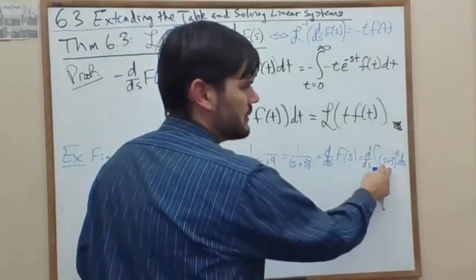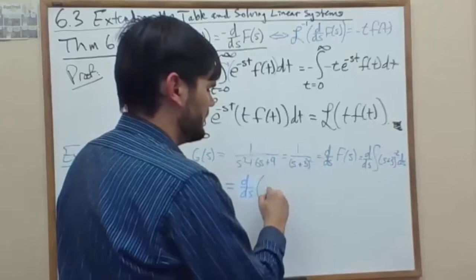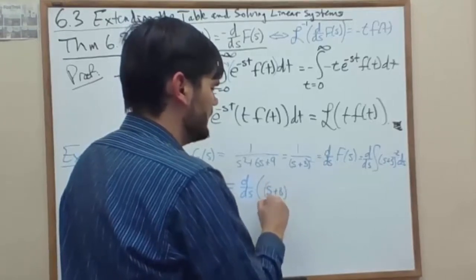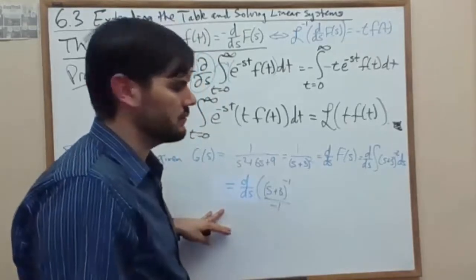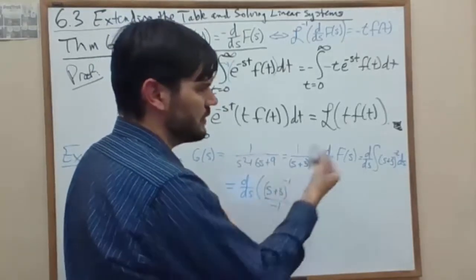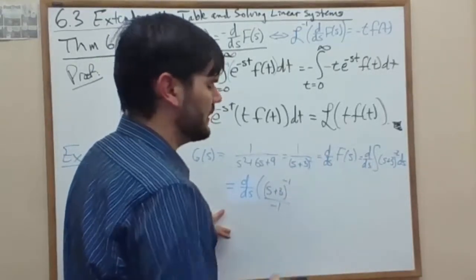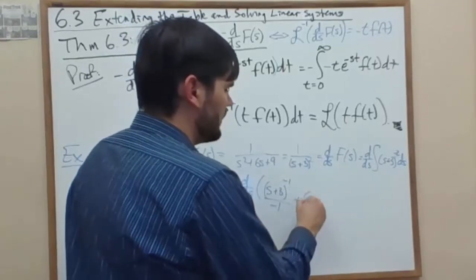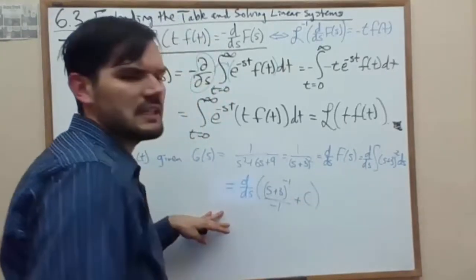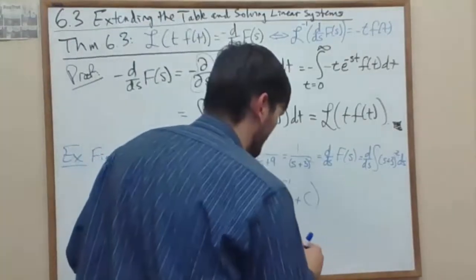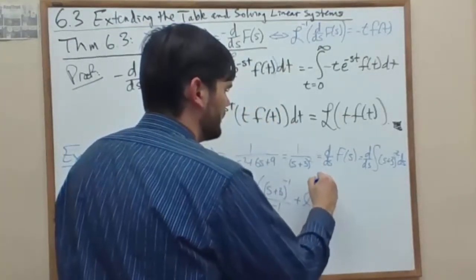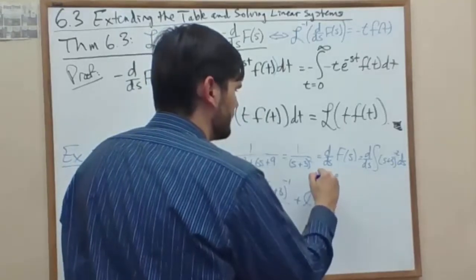That's a very simple substitution. And we get our s plus 3 to the negative 1 power divided by negative 1 using our power rule. For u to the negative 1 over negative 1, we plug in s plus 3. And then there's some constant, it's true, that spits out. We don't care what it is because we're taking the derivative. And so we can ignore that constant.